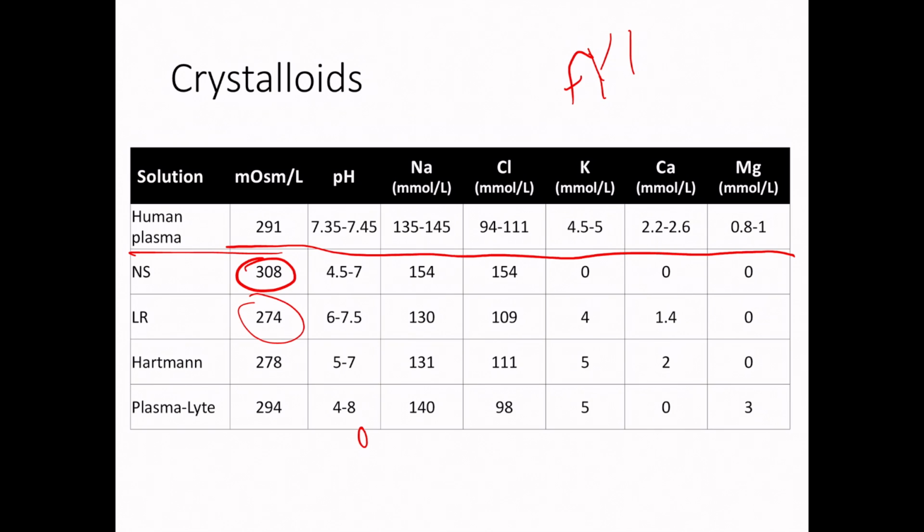You'll see how sodium chloride, the reason that it causes so much metabolic acidosis, is because it is a little bit acidic, versus lactated ringer, which is much closer to the body's normal pH. You'll see how this has extra sodium versus lactated ringer, which has less sodium than the normal body's volume.